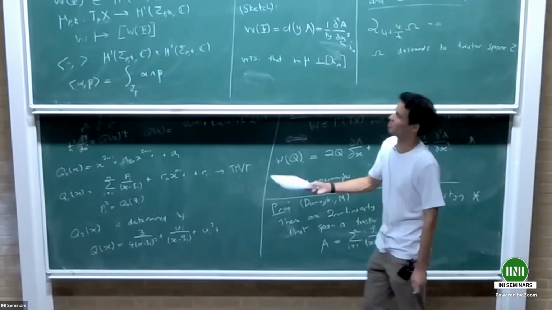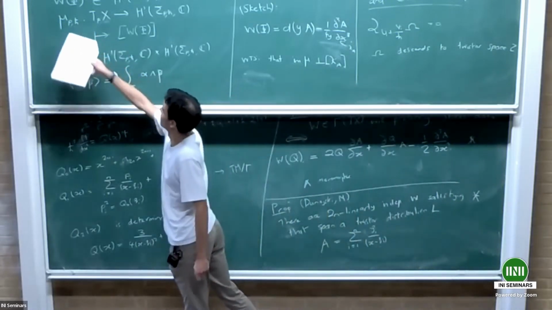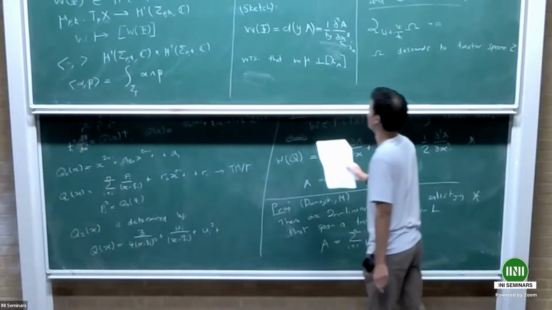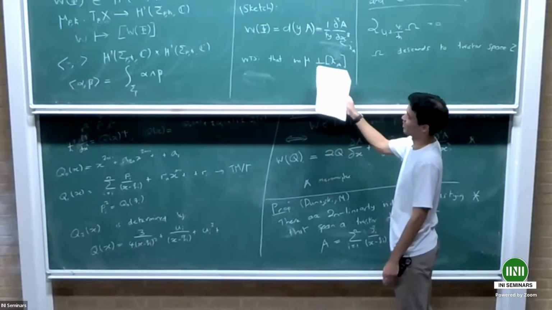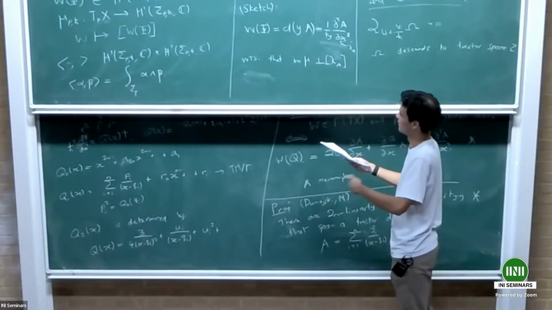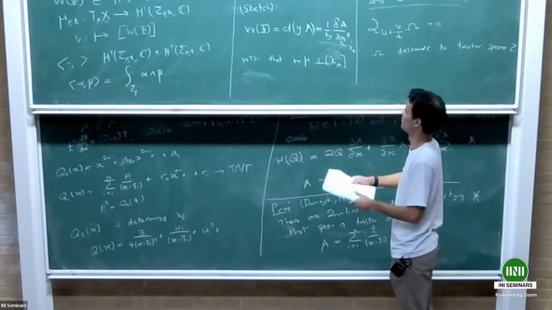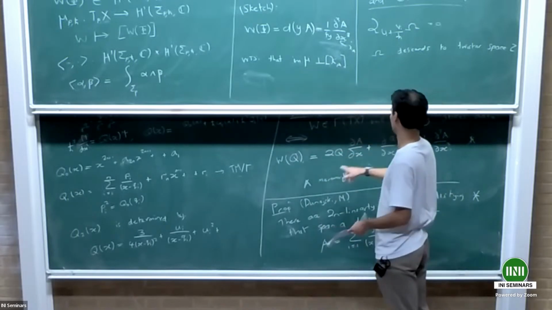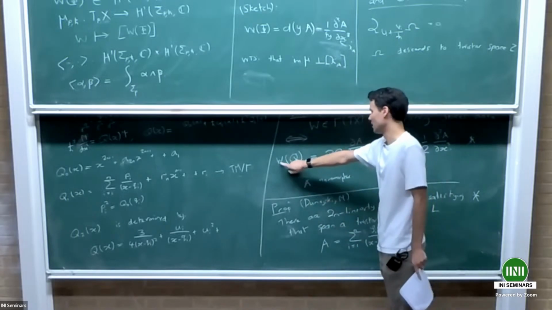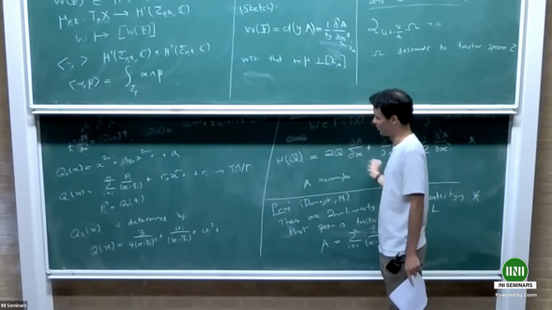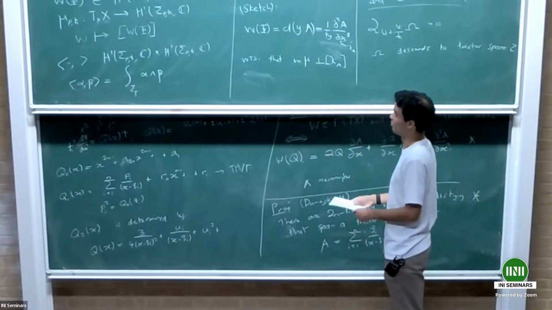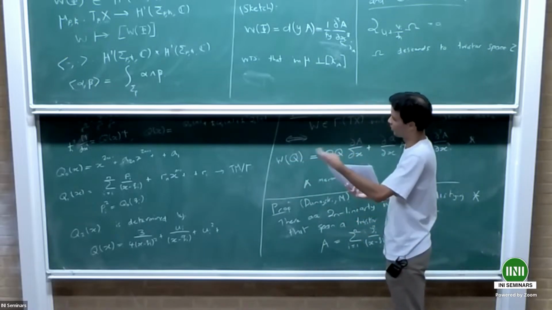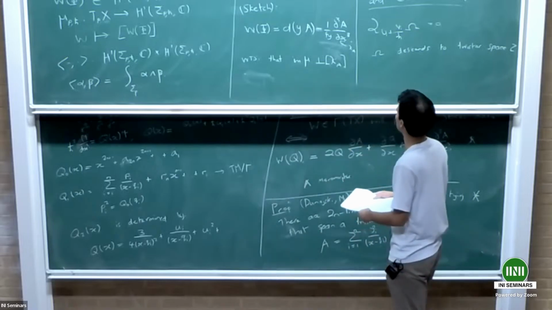So mu actually has a kernel, and in order to show that L is the kernel, we basically need to show that things which are isomonodromic are orthogonal to things in the image of mu.